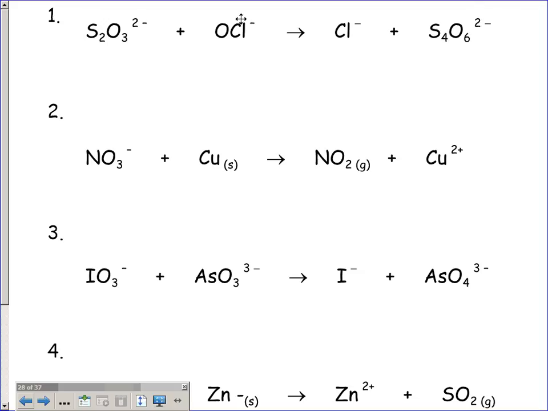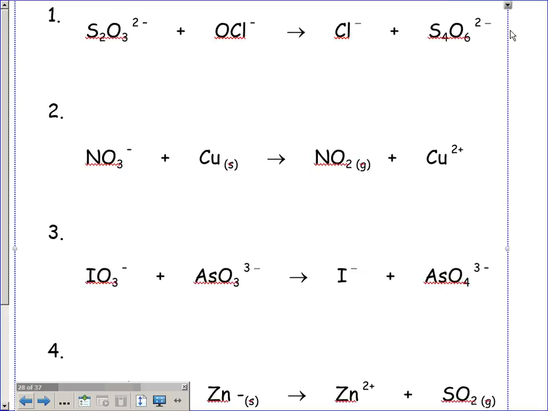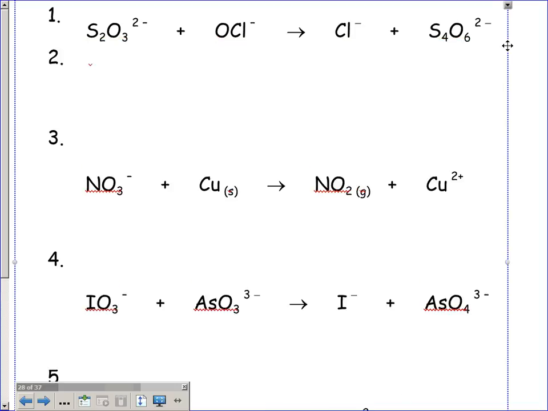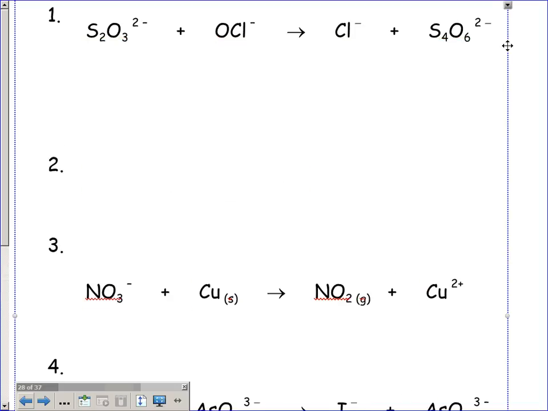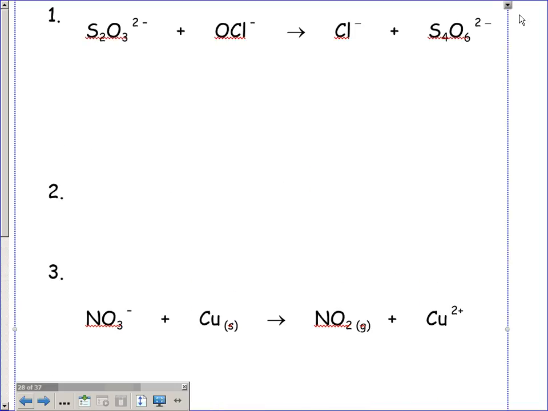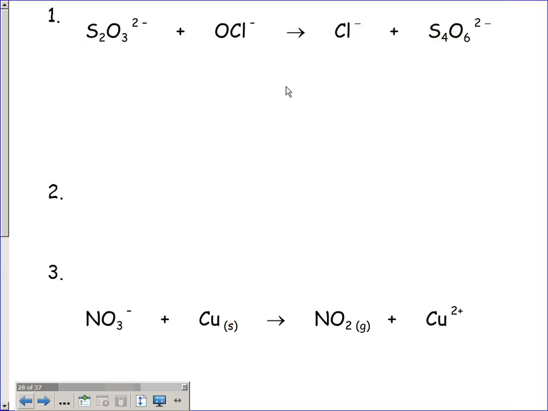And what's OCl minus? You're like, gosh, nomenclature. What is it? Hypochlorite. Thank you. Okay, and this one over here is peroxydisulfate. Anyway, do you guys see this on your paper? Yes? If not, let's just go for it. We've got to do these together.